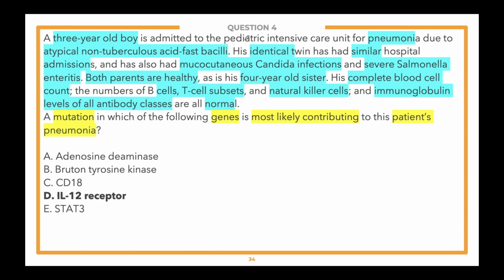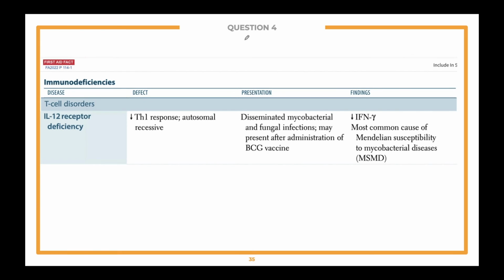If we take a look at the next slide, one of those immunodeficiencies that involves mycobacterial and fungal infections is an IL-12 receptor deficiency. It's a T-cell disorder, and it's due to a decreased Th1 response. It's an autosomal recessive condition, so it makes sense that the parents are healthy.